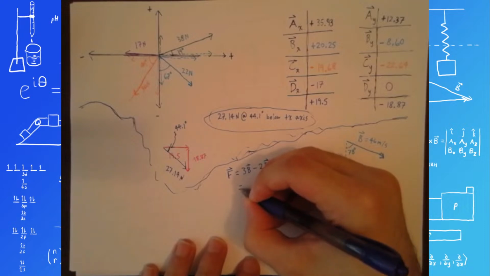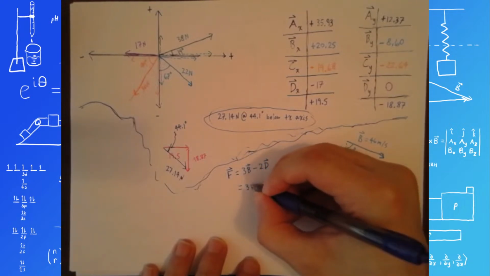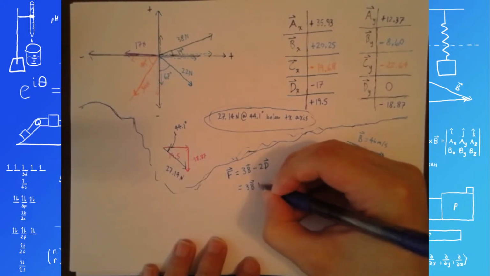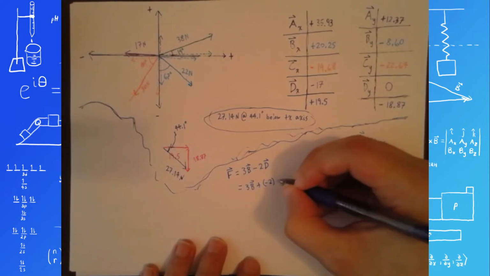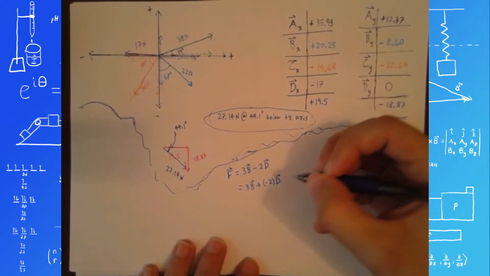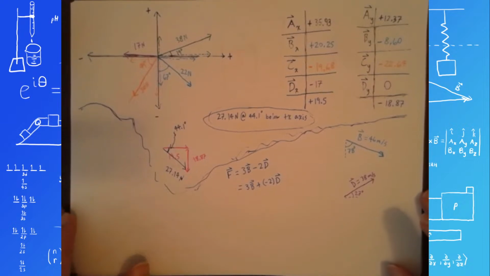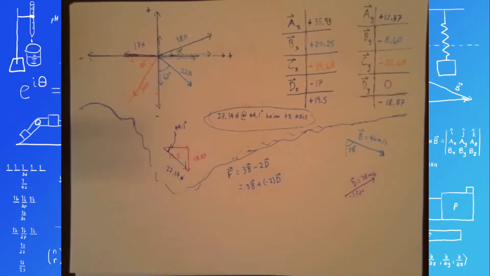Or another way you can think of this in your head is 3b plus negative 2d. That would probably be the better way of thinking about it. Okay, so I want to draw the vector 3b, so I'm going to draw something about 3 times the length of b and in the same direction.